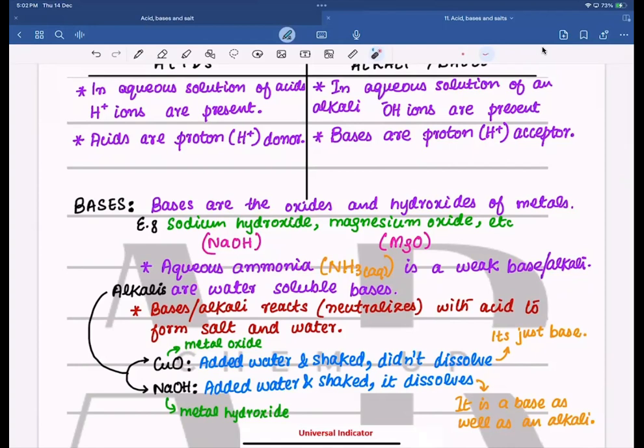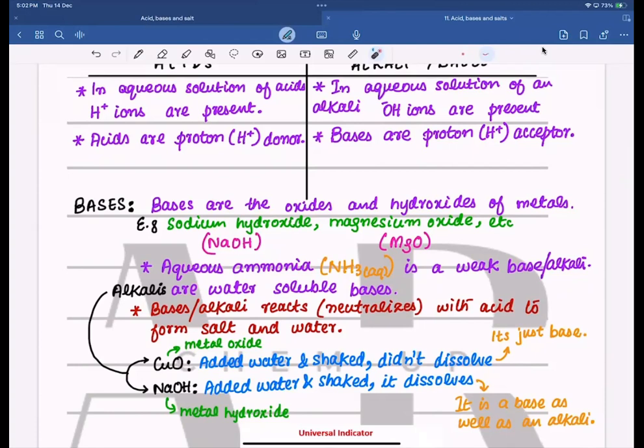Is a weak base or alkali. Sir, I have a question. Yes, Khatija. Here the copper oxide is just a base, right? Because it is not dissolving in water. Yes.